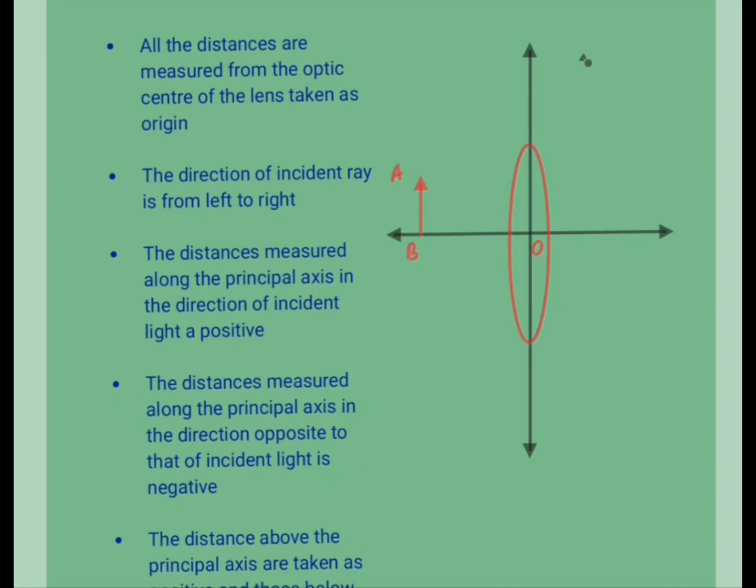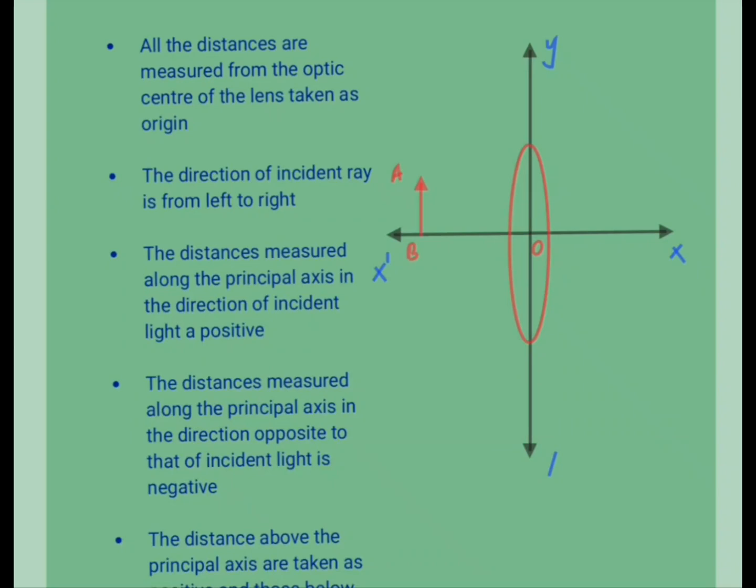You know that for a graph we have a y-axis as well as an x-axis. So let this be the y-axis and this be the x-axis. It is somewhat similar to drawing a graph in mathematics. We are going to take the sign convention also like that.